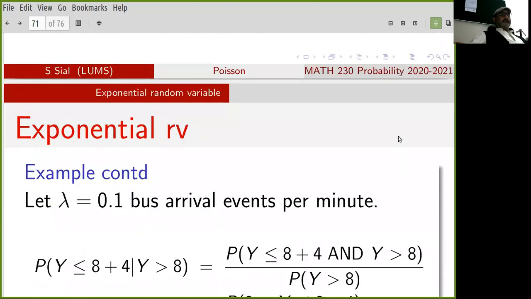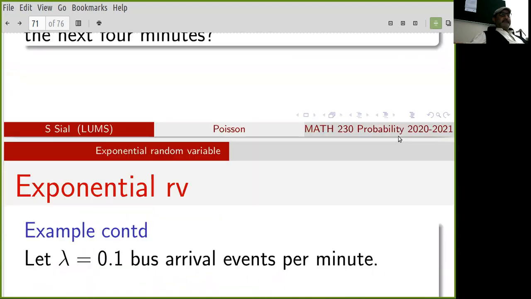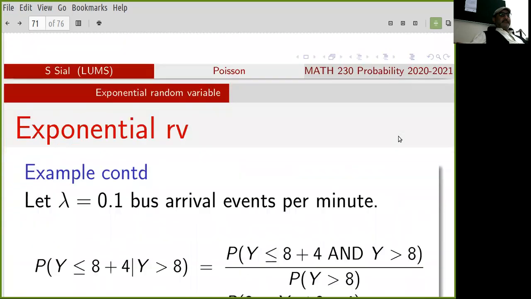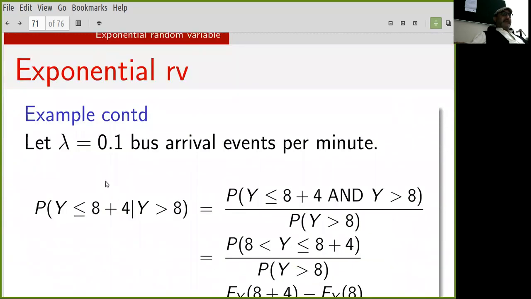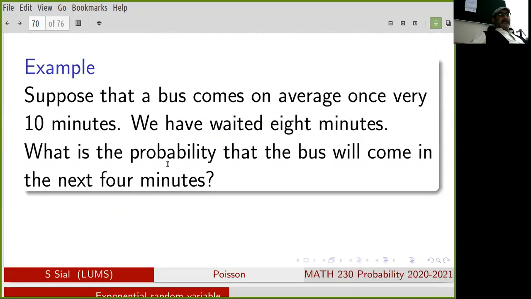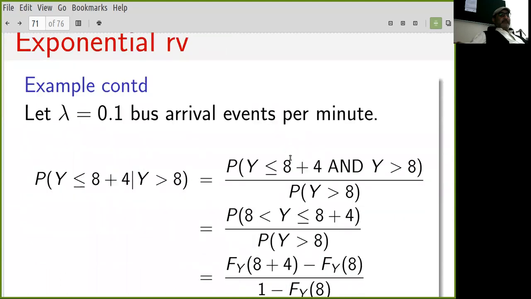Okay, so lambda is 0.1 bus arrivals per minute. So the probability that the time will be less than 8 plus 4 minutes, given that I've already waited, that the time is guaranteed to be bigger than 8 minutes. Since I waited 8 minutes, the time will be bigger than 8 minutes.